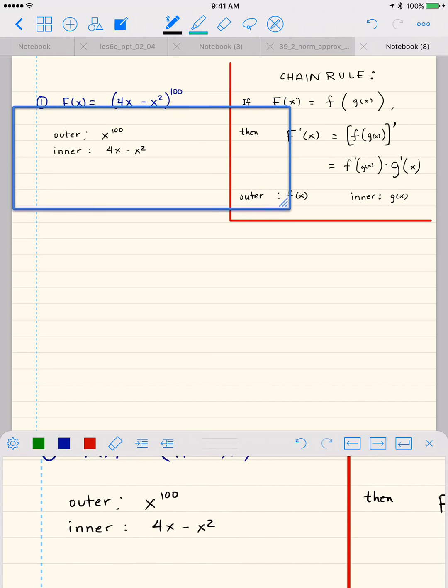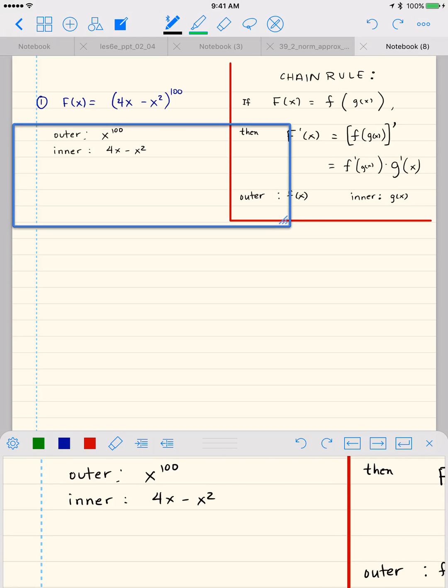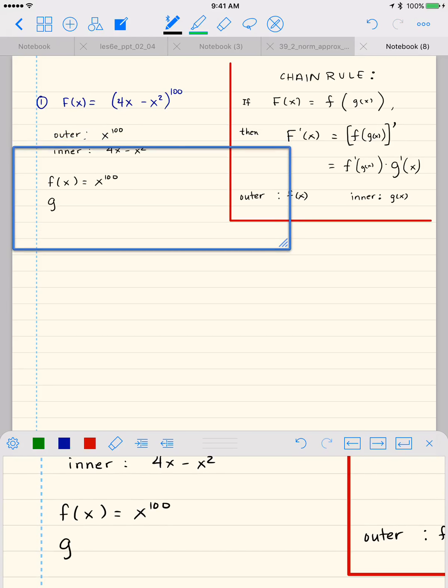Okay, so what this means is, looking over here, my outer is f of x. So to apply my formula, I'm going to have f of x equals x to the 100. G of x, which is my inner, is equal to 4x minus x squared.